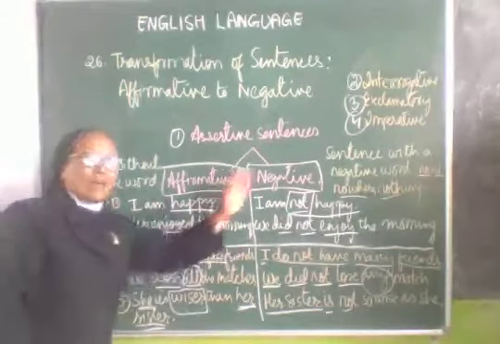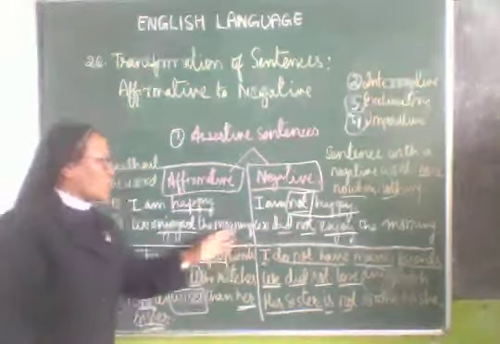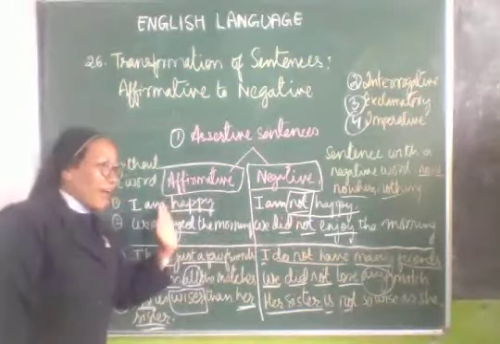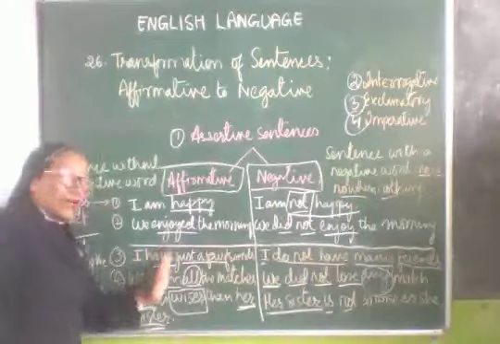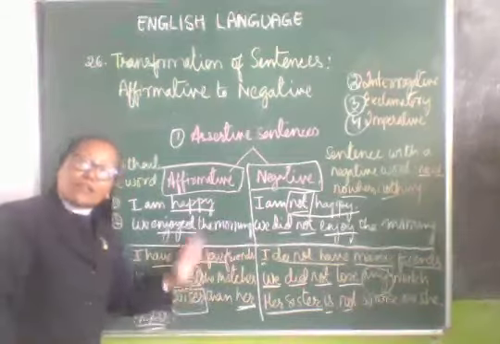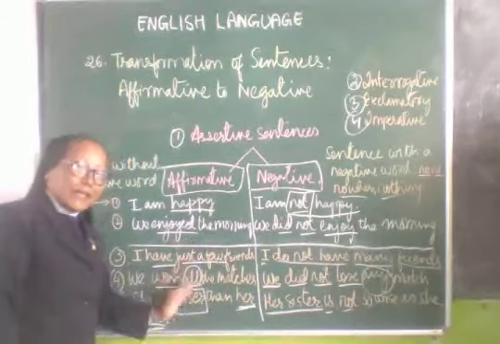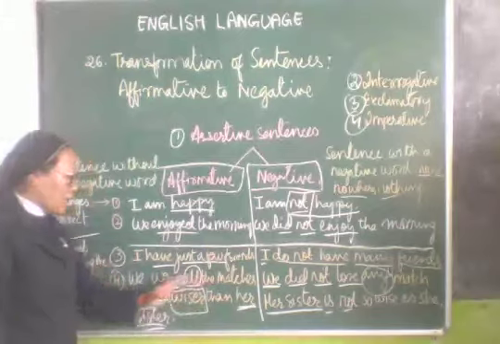Okay, I am happy, I am not happy. Direct opposite. See, we enjoyed the morning, we did not enjoy it. We have made the affirmative into negative. And here we have made the affirmative into negative, but without changing the meaning. Here we have changed the meaning, here without changing the meaning.